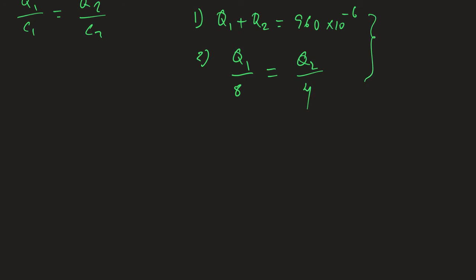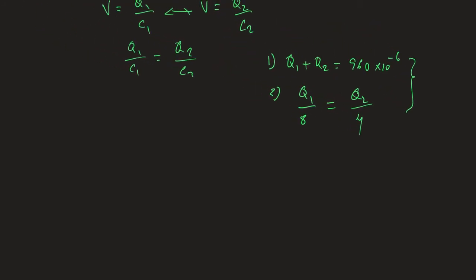I need to find Q1 and Q2, and then I will find V. I have a system of two equations with two unknowns, so let's solve it.